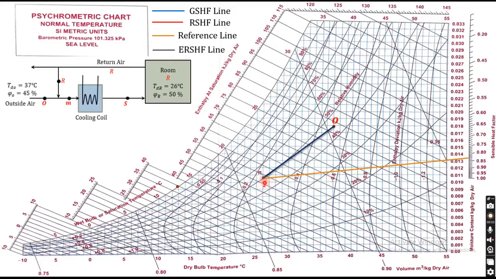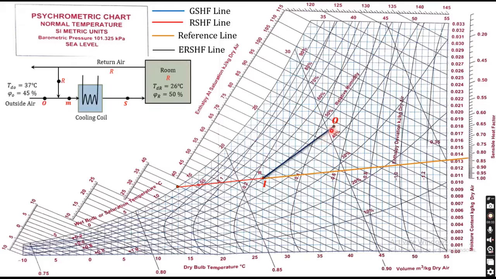That's why we just have to extend this yellow color line up to the saturated line like this. So this red color line is nothing but the room sensible heat factor line, as I have indicated over here also. And this one is the line joining I and O, that is room condition and outside condition.